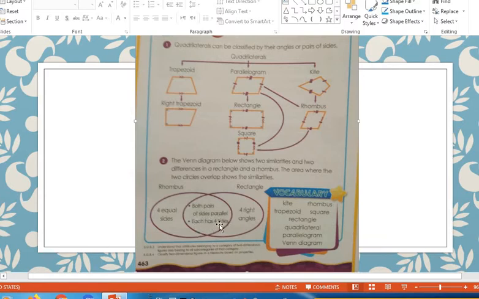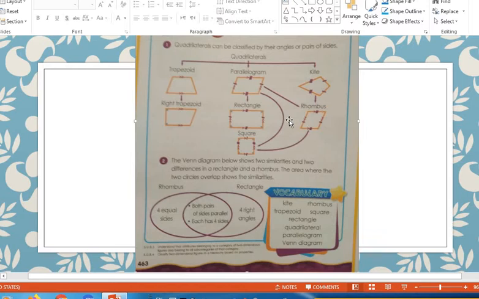Each two sides are parallel. Each has four sides.